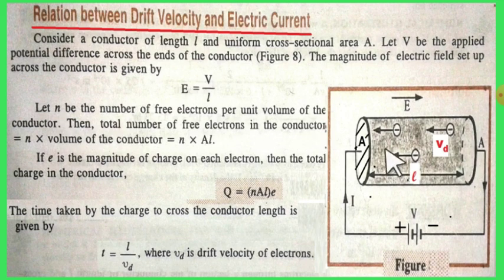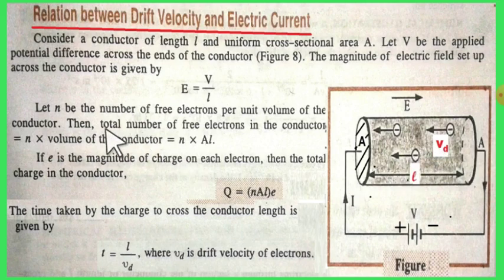Now let n be the number density of free electrons inside this conductor. That means the number of free electrons present in a unit volume of this conductor. Then if you multiply that small n, the number density, times the volume, you will get the total number of free electrons present inside this conductor. Got it?